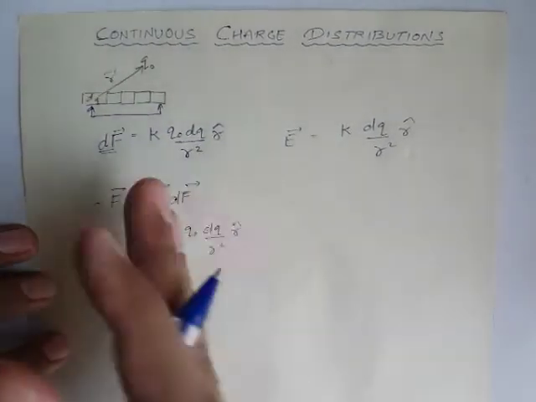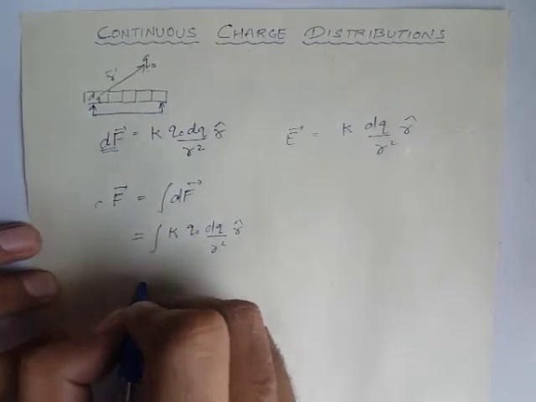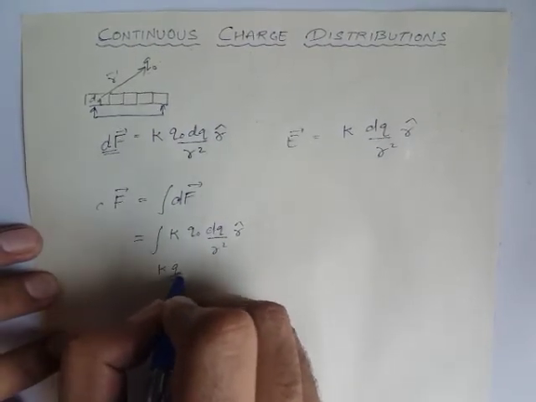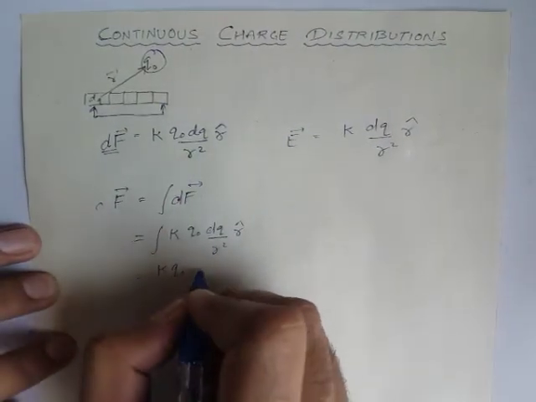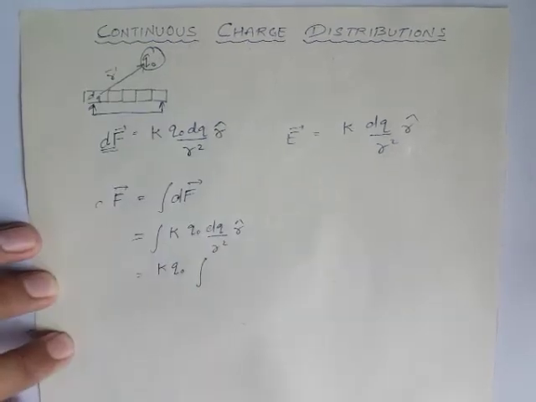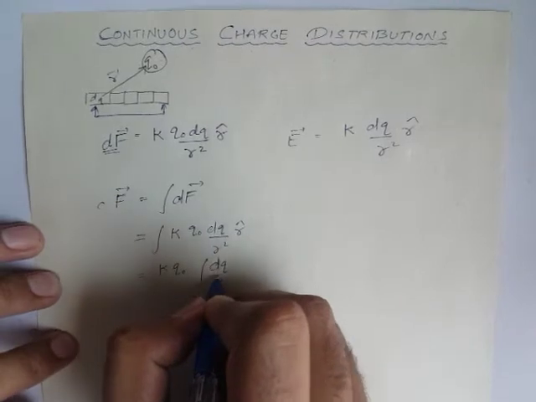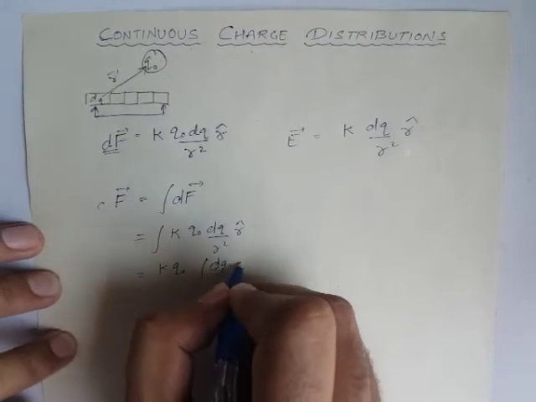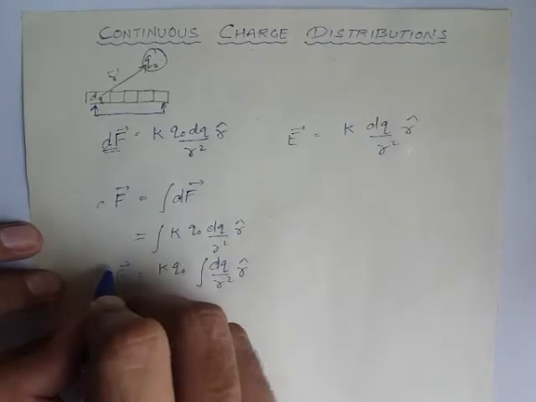And we have a few things common out. That is K Q naught, which will be a constant for us, okay? K and Q naught are constant. Then we need to integrate over here like this, that we get dq upon r square r unit vector. That is the force we need to find.